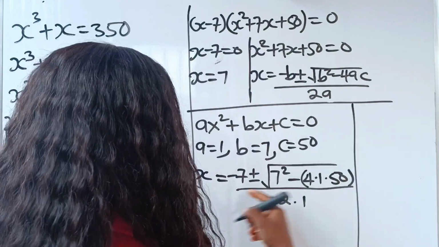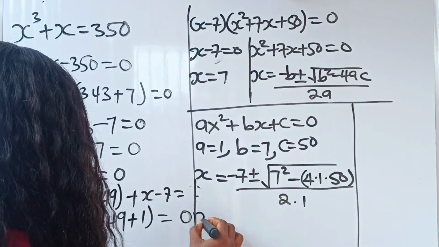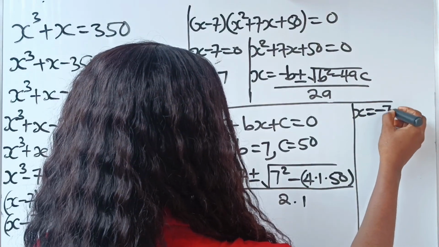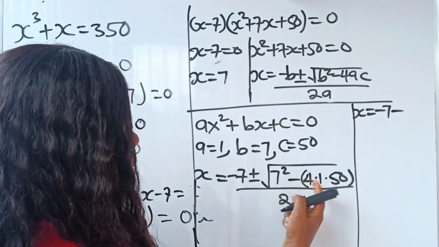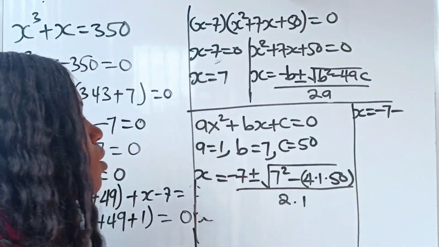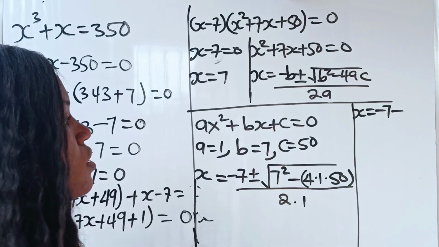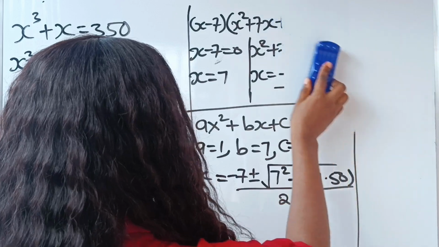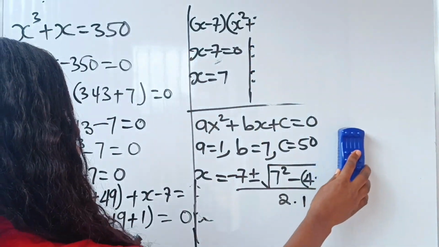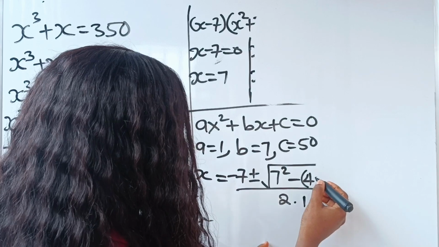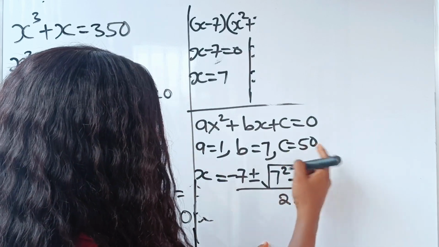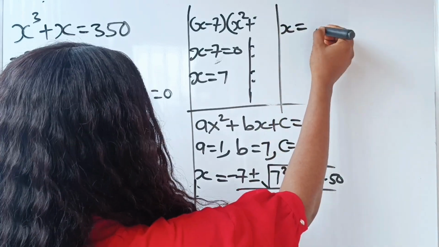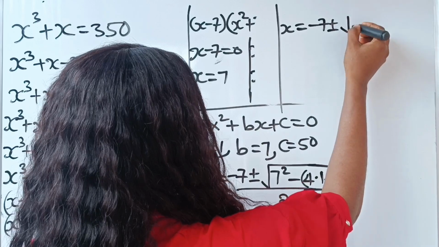Okay, let's continue here. Sorry, this is 4 multiplied by 1 and 50.